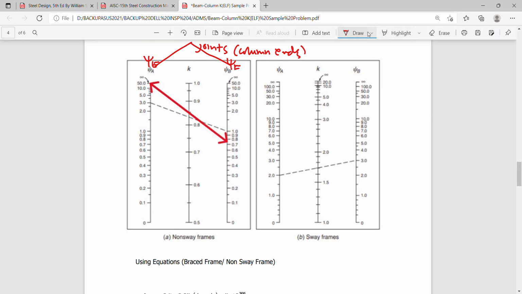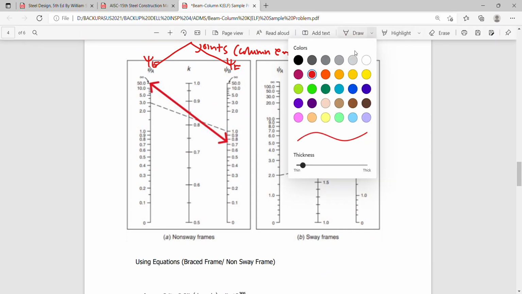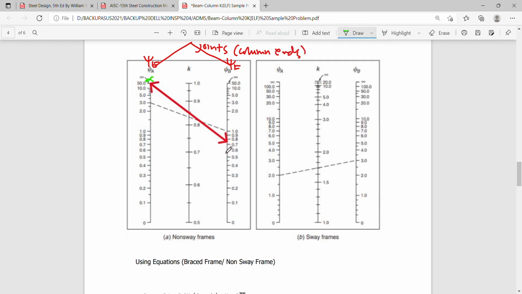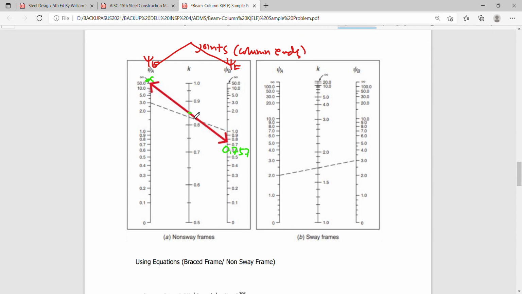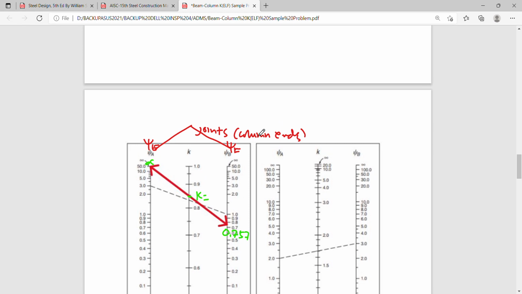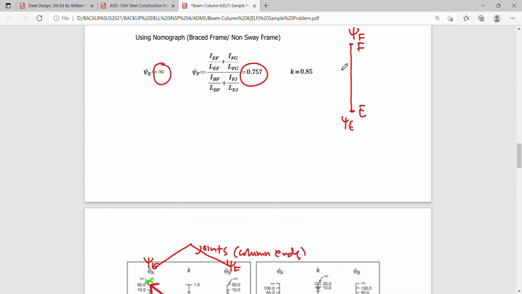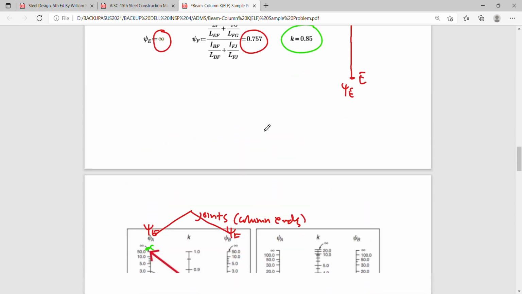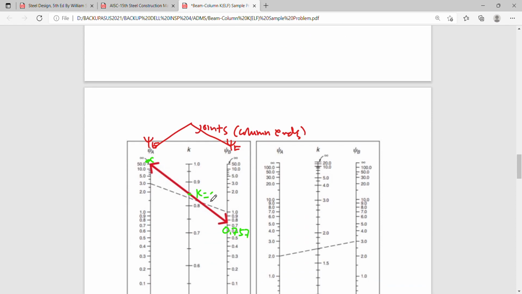Okay, so I have now a value equivalent to infinity and then 0.757. So if I look into my K line, my value of K here is approximately in between 0.8 and 0.9, or simply around 0.85. Okay, so my value here for K is 0.85.